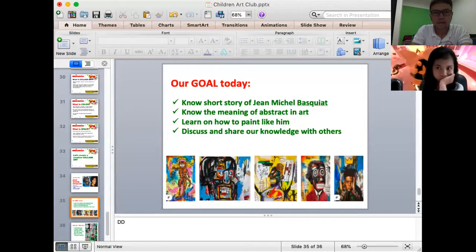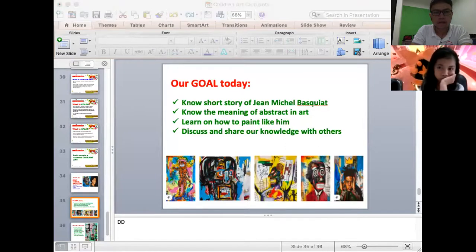Minecraft mermaid and a merman. What's happened with my screen? Maybe the computer you're using is broken. Oh, can you see the slide now? Yes, it does.